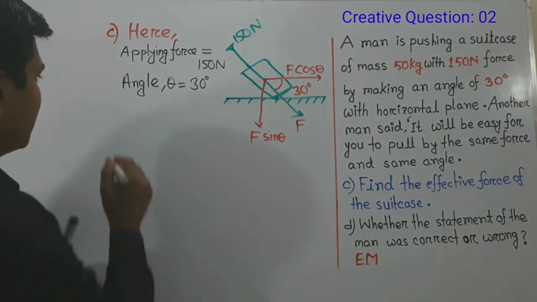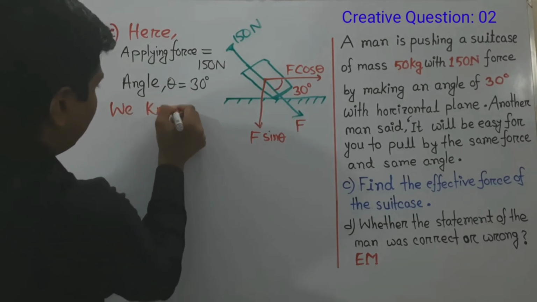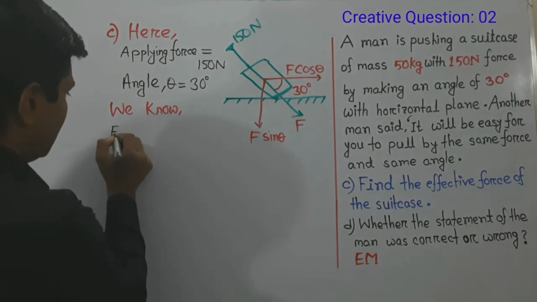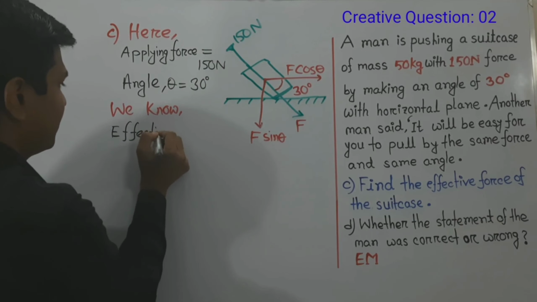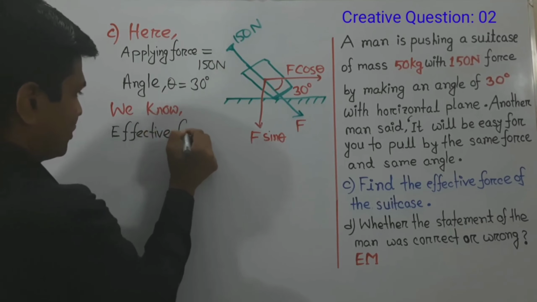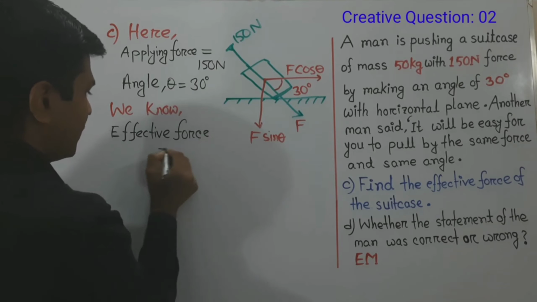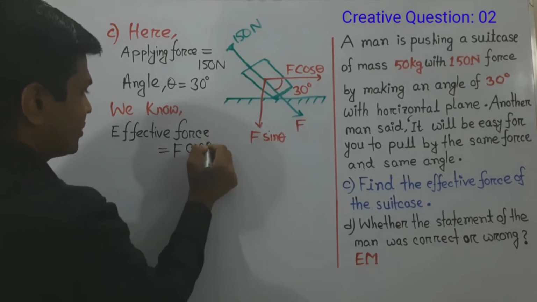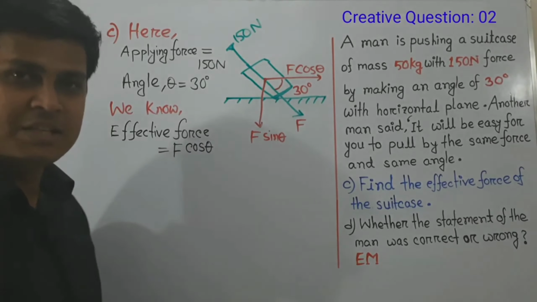So the effective force, we know the effective force will be equals to F cos theta. Now I am going to put the value of F and theta.